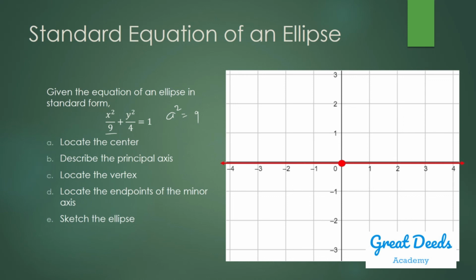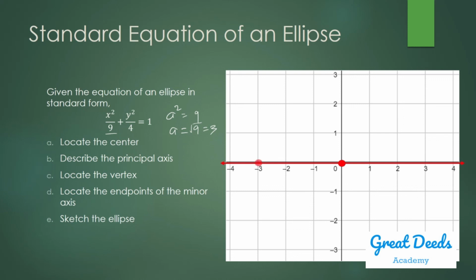We will locate now the vertices. a will help us locate the vertices. a is equal to the square root of 9, which is equal to 3. So we will measure 3 units to the left and to the right of your center. We plot the points, which will give us the vertices of your ellipse.